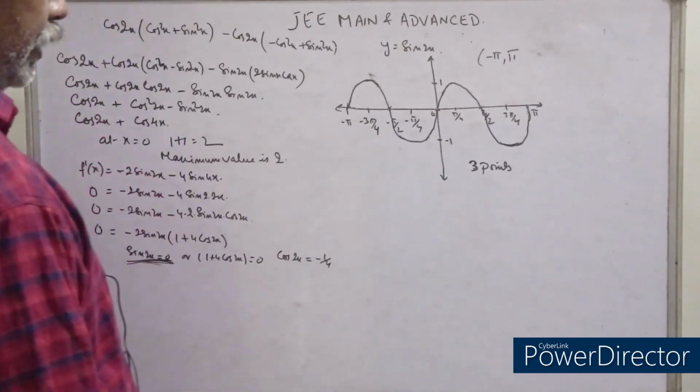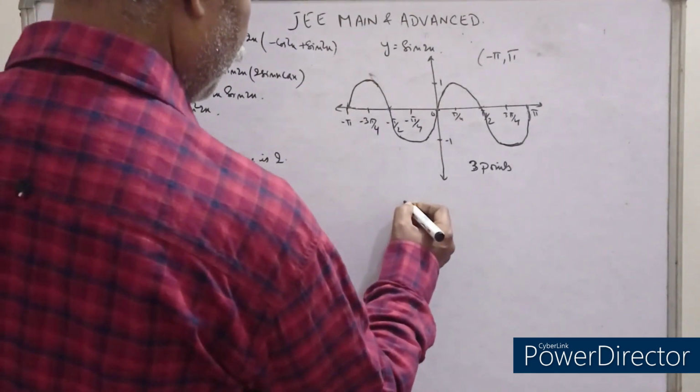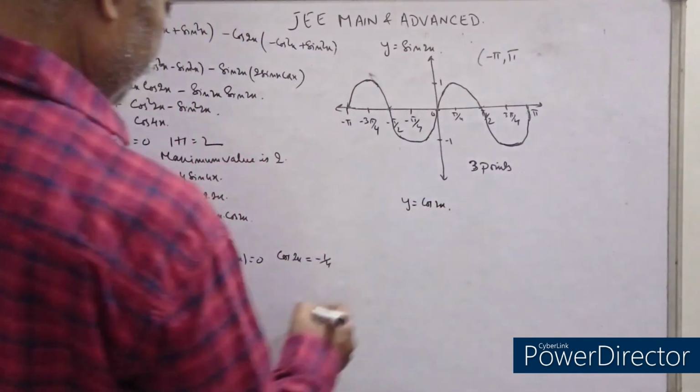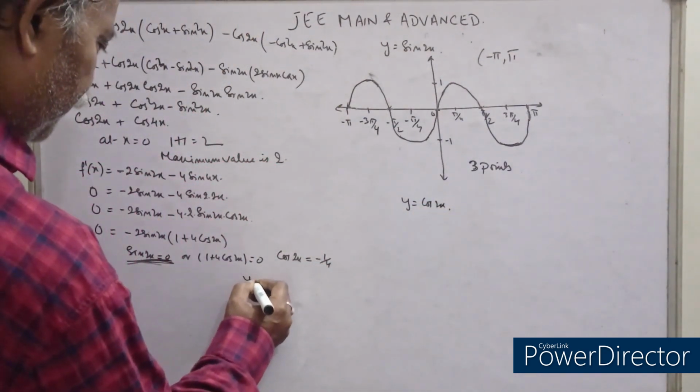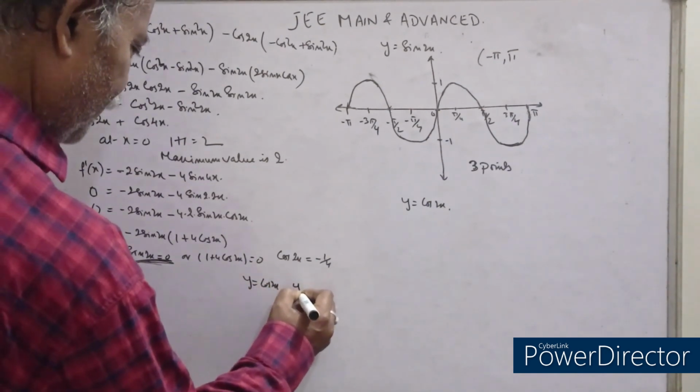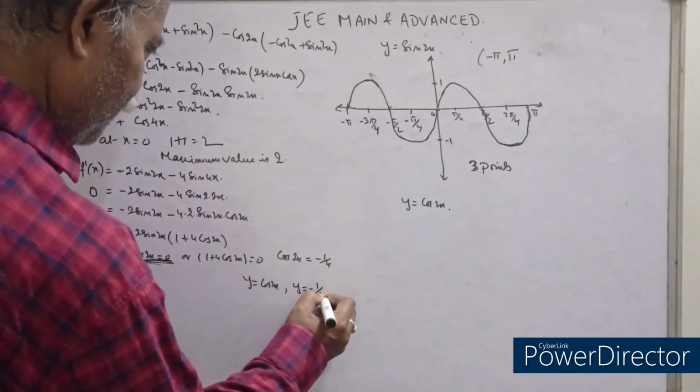Now let me draw the graph of y is equal to cos 2x, along with y is equal to minus 1 by 4.